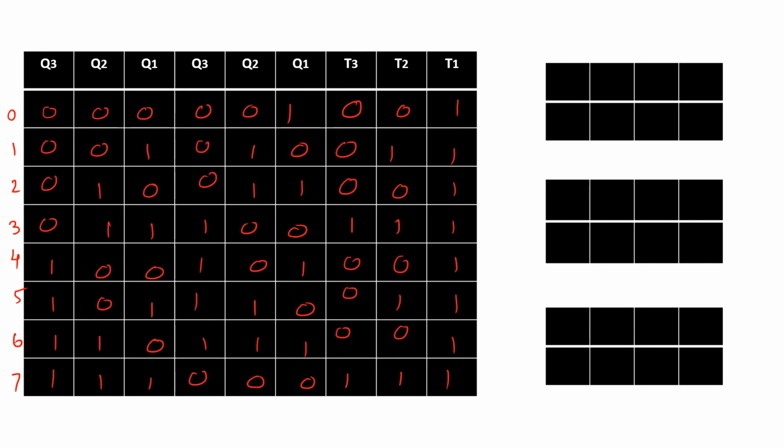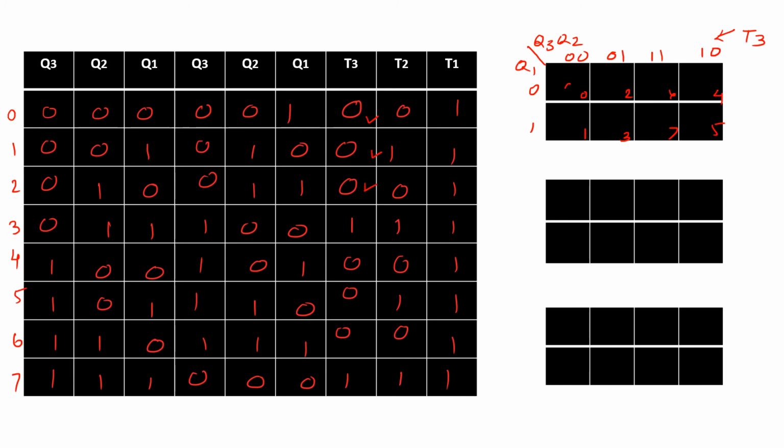Now this K map would be for T3. This is your Q3, Q2, this is your Q1, with 0, 0, 0, 1, 1, 1, 1, 0, and 0, 1. These are the numbering of the squares. This is 4, 5, 6 and 7.